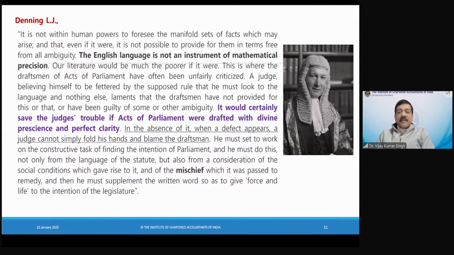But at the same time, he says that you cannot supplant or substitute the legislature by providing your views or thoughts which are not mentioned in the legislation. And that is where the different rules like literal interpretation, harmonious construction, reasonable construction come into play, which we are going to see in today's class. Now, when we talk about this, let me take you to the further sections.